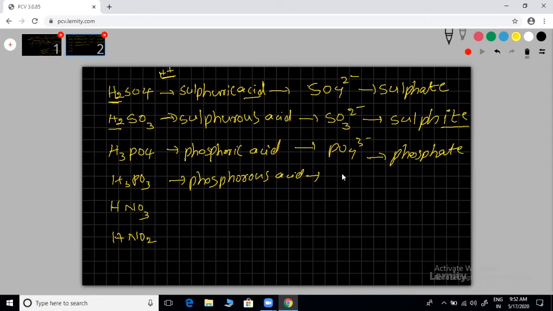It can lose only 2 hydrogens. We can discuss later why only 2. That depends upon structure. Sorry, 3. So write hydrogen phosphite.